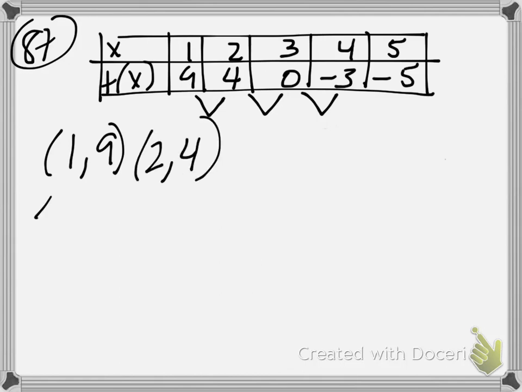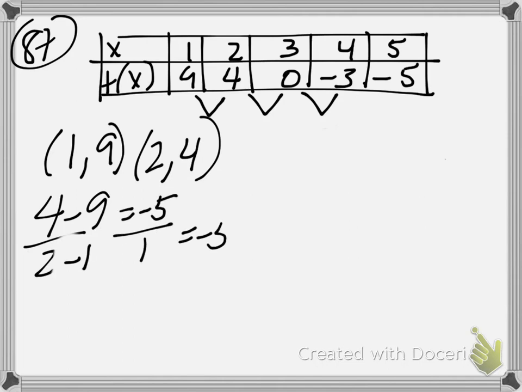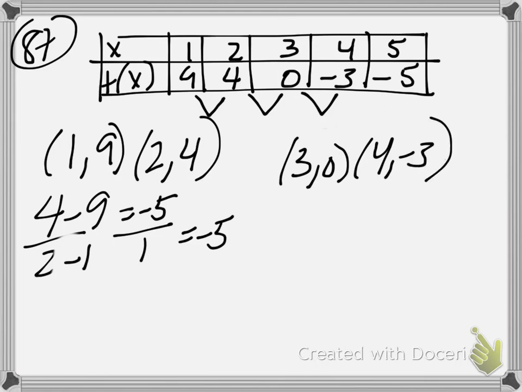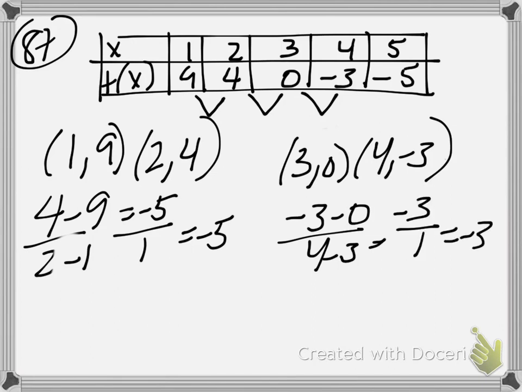If I use the slope formula, I'll get -5. Okay, now I'm going to look at 2 other points. Let's say 3, 0 and 4, -3. I'll do the slope formula again, and I get -3.